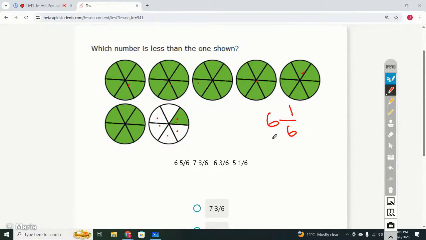Now you need to find the one that is less than 6 whole 1 by 6.